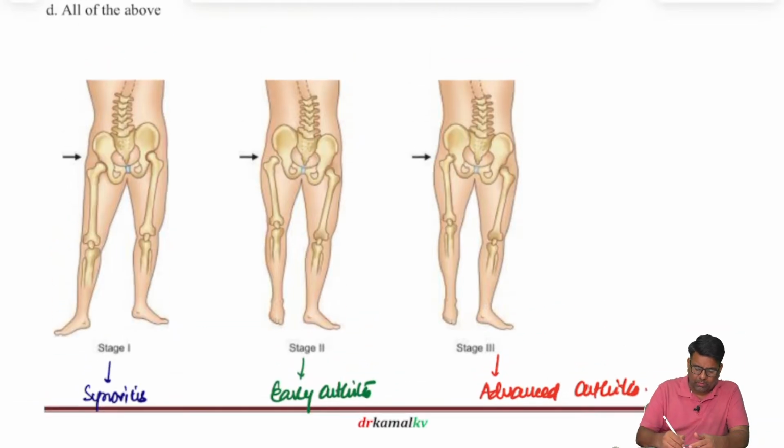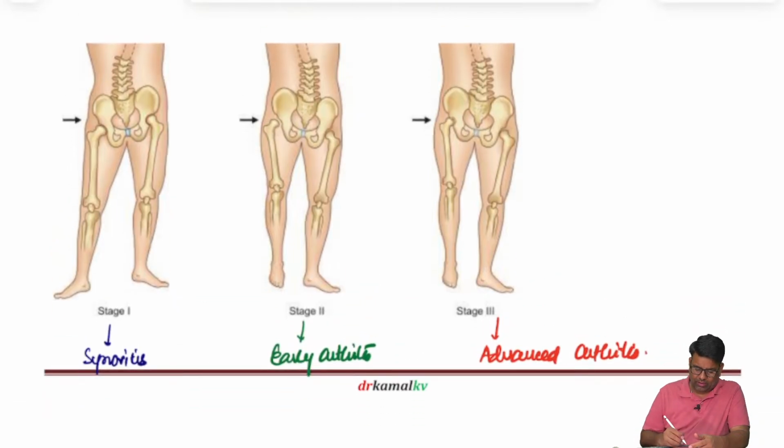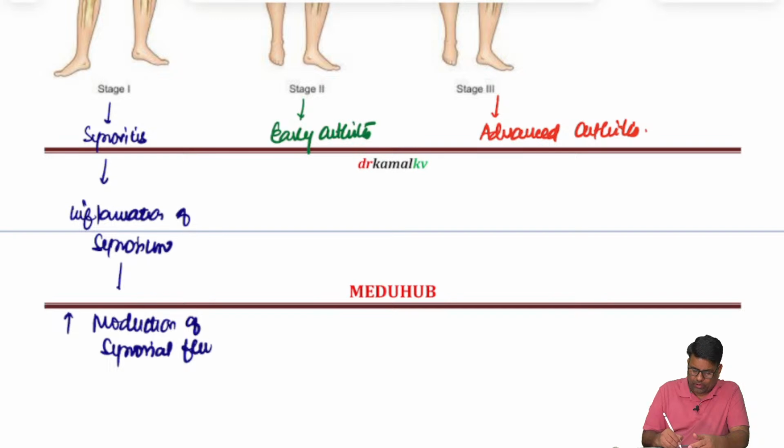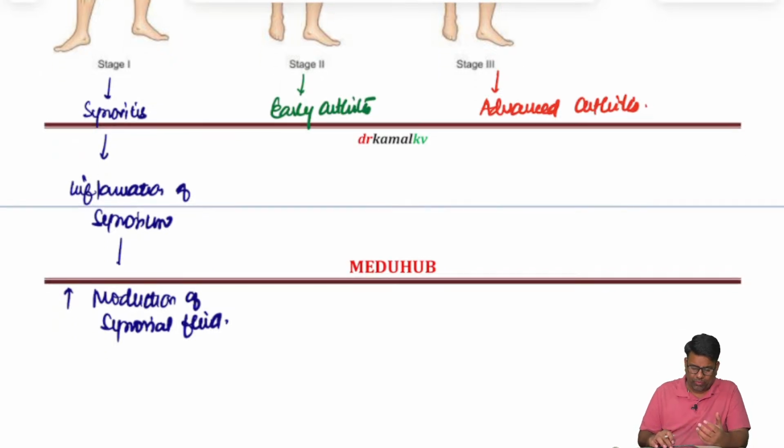Right. So, what happens in the stage of synovitis? There is inflammation of the synovium, as a result of which there is increased production of synovial fluid. Now, synovial fluid is contained within the joint capsule, right?